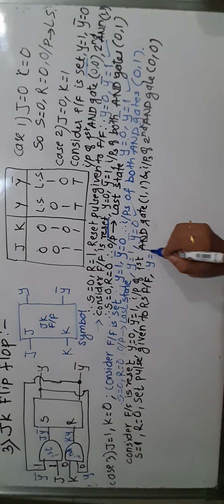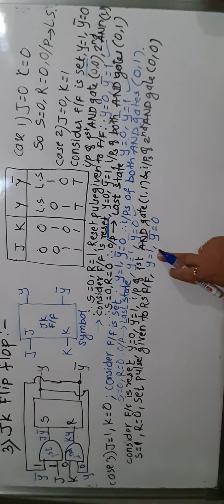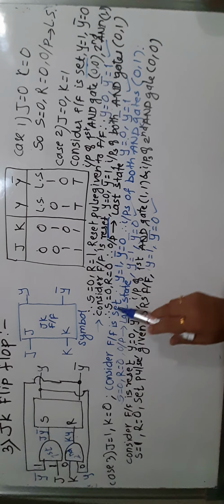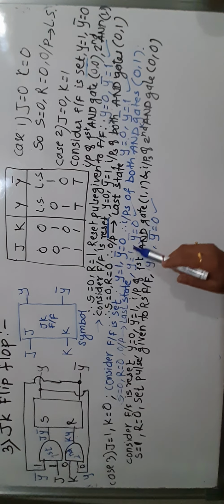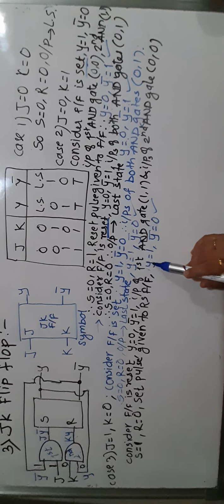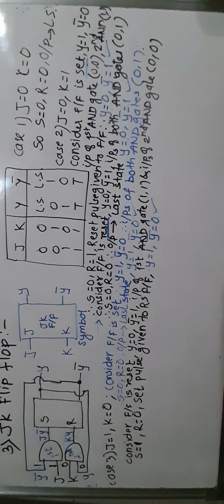Therefore y becomes 1, y bar becomes 0. Set pulse. Y is 1, y bar 0. See, we get same output in both the cases. If we consider flip-flop is set, we get same condition, y equal to 1, y bar 0. Now we considered flip-flop is reset, we get same condition, y equal to 1, y bar 0. So that's why we are writing here y 1, y bar 0.